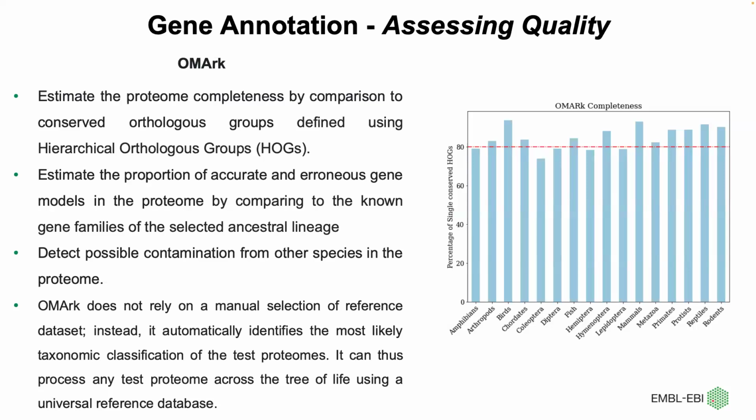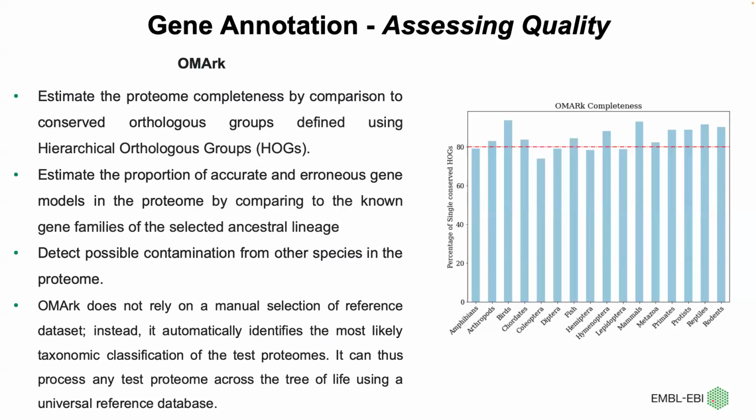The other method that we use to assess the quality of genome annotation is OMARK. It is similar to BUSCO, and it estimates the completeness of the proteome by comparing it to the orthologous groups, which are usually defined as hierarchical orthologous groups or HOGs.